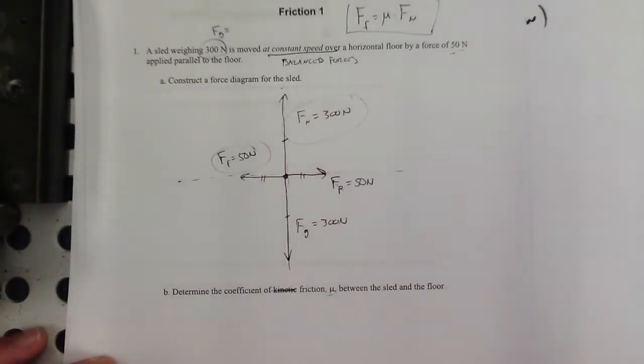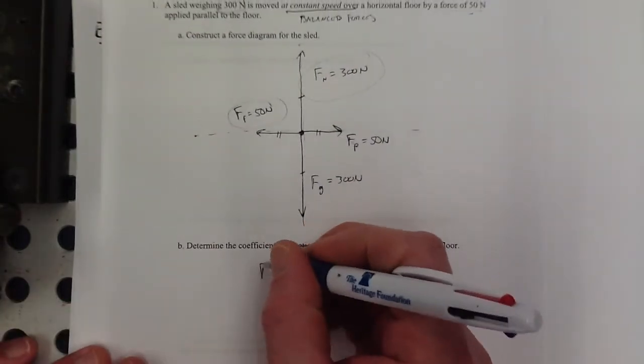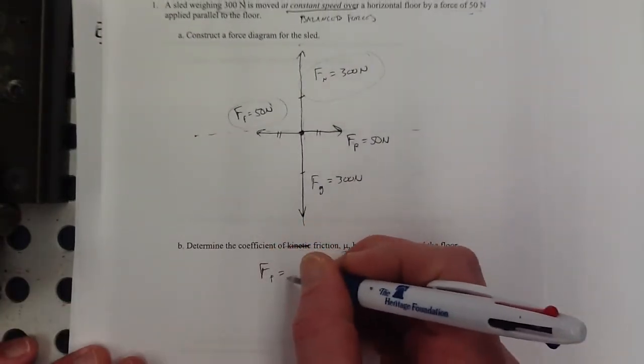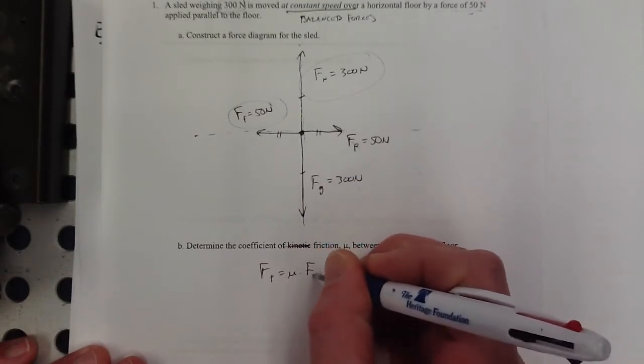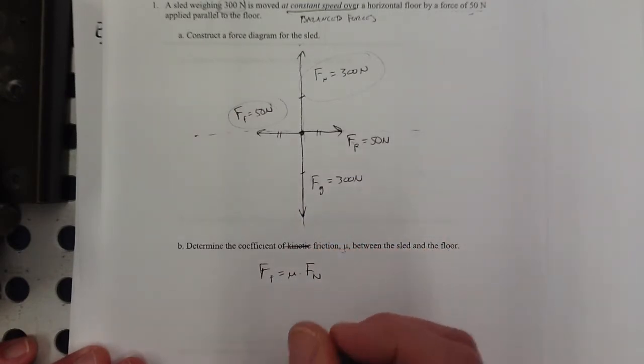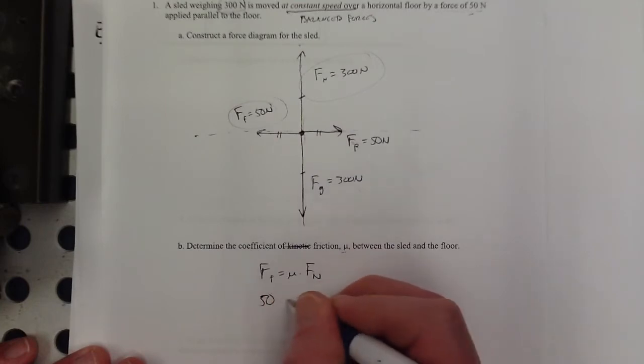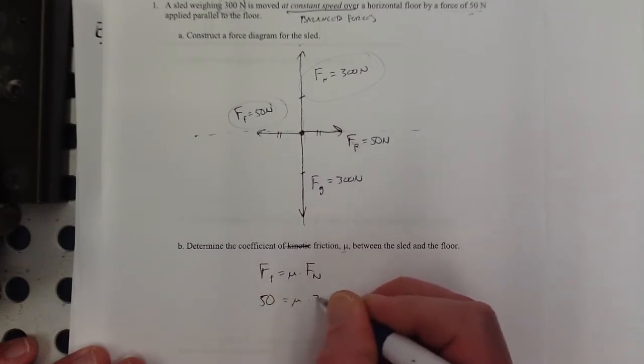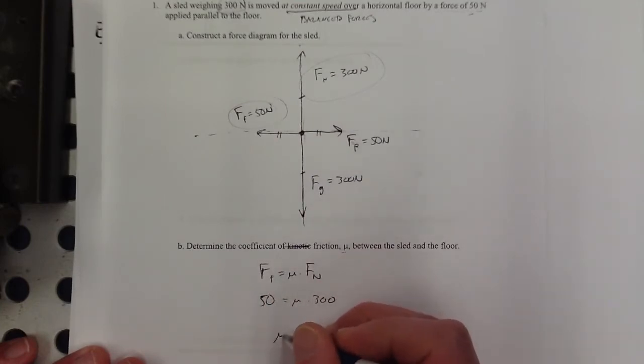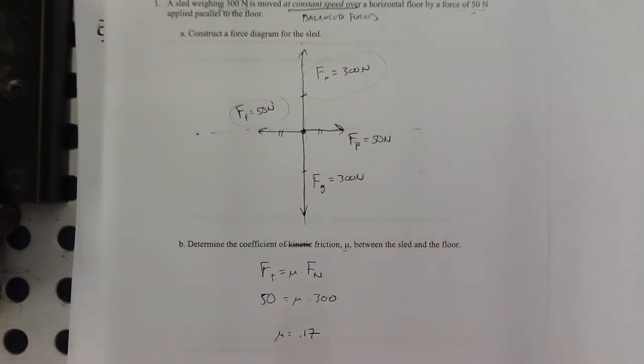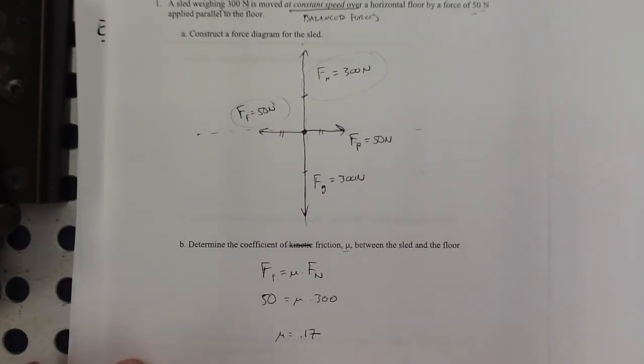So I can use this equation, which I'm going to write down, because that's what you do. Write down the equation first before you start plugging numbers in. And that's 50, and this is 300. So mu is going to be 0.17. And we're expecting this to be a number between 0 and 1, so looks good.